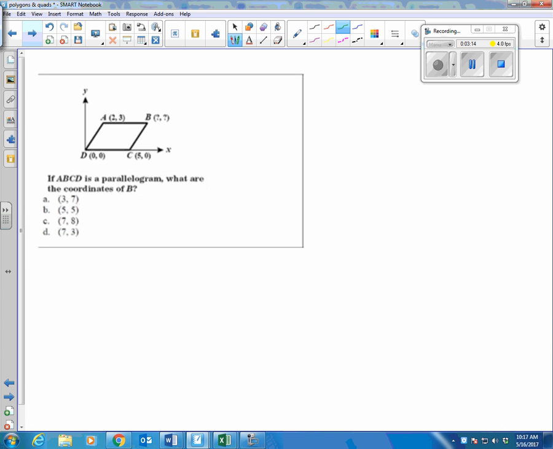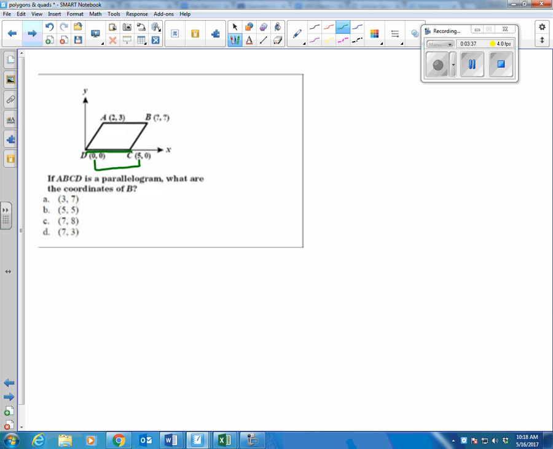If ABCD is a parallelogram, what are the coordinates of B? So remember, in a parallelogram, you have opposite sides that are congruent. So if side DC, I can tell because they have the same y coordinate, so only their x coordinates change, and their x coordinates change by 5, right? So that means the distance between them is 5.